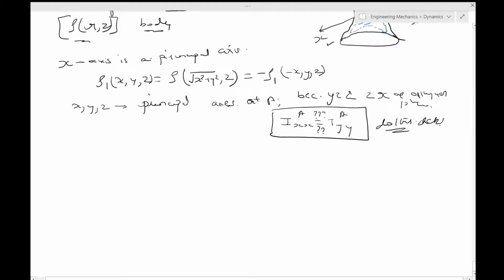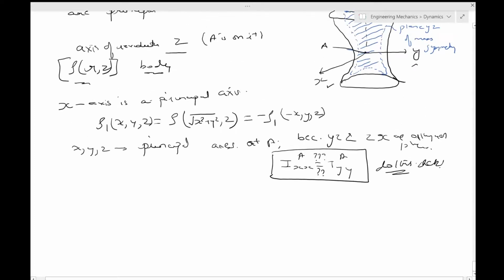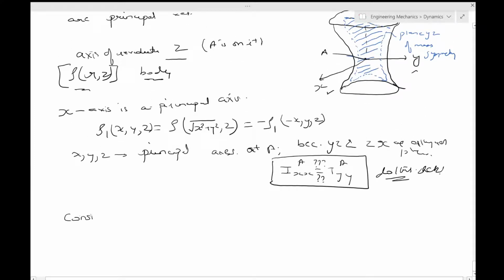So next we should take up the principal moments of inertia.